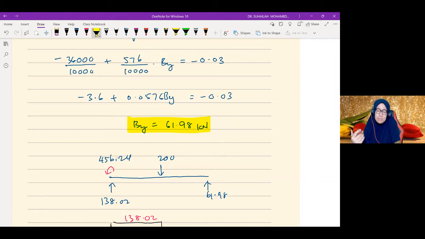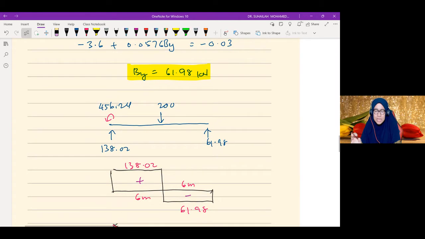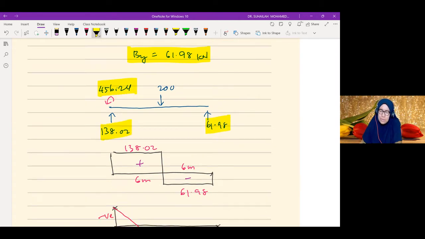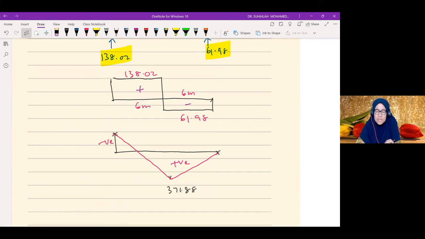Okay, we can try to change with another settlement to check the effect of settlement whenever we solve for the redundant value. So finally we solve the remaining, and then we draw the shear force diagram and the bending moment diagram.